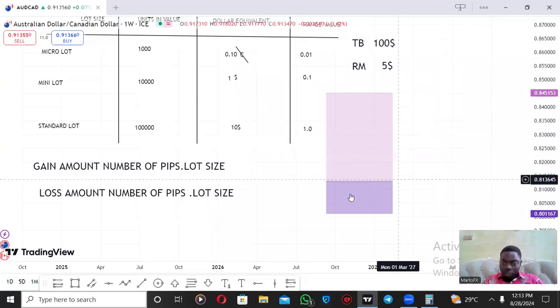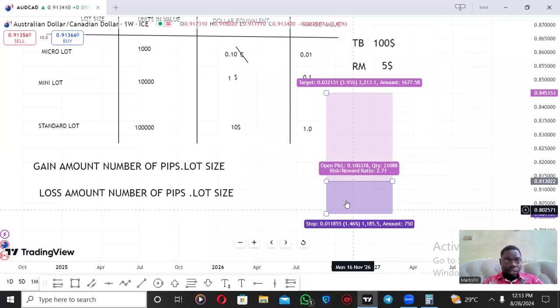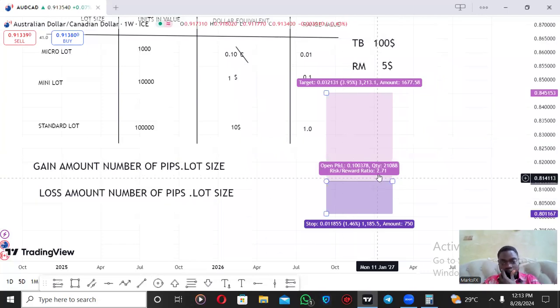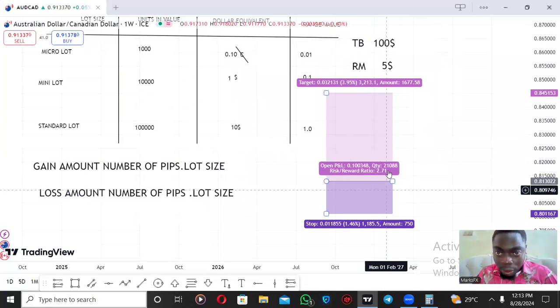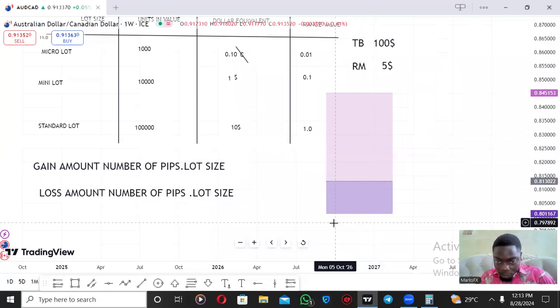Now, if you look at this, this is an AUD card. If you look at the pips, you will know very well that for AUD, we calculate our pips based on 2 numbers.